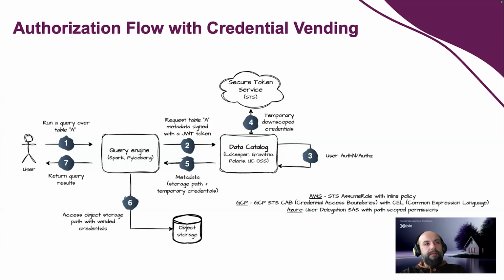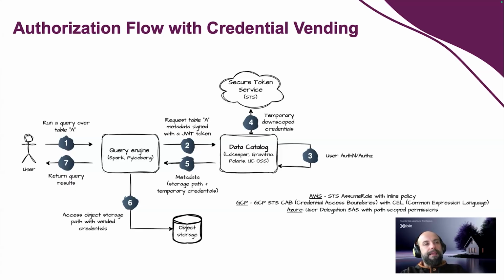So in other words, you don't need to have any credentials for your object storage, but your data catalog is responsible for, after assessing your credentials and the roles that are assigned to you, deciding whether it should allow you to access a specific path on your object storage.